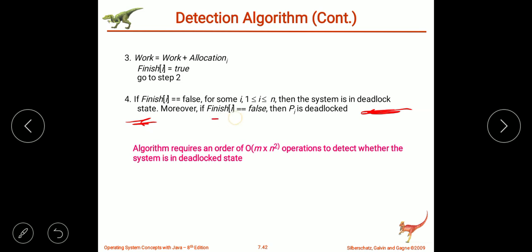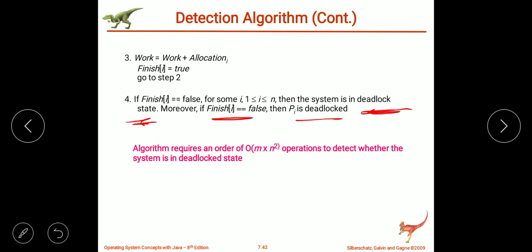And that particular process is called deadlocked. We can say that process is deadlocked because it is not able to get its resources and it is not able to complete its task.